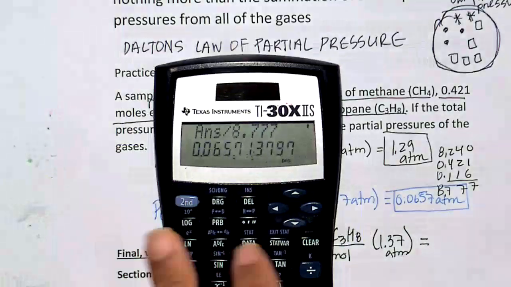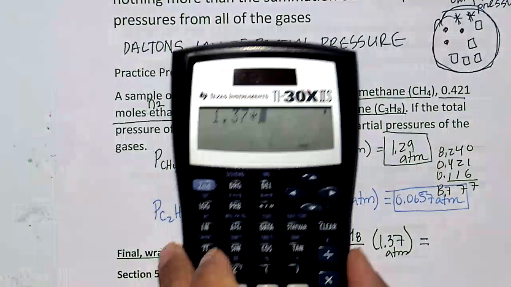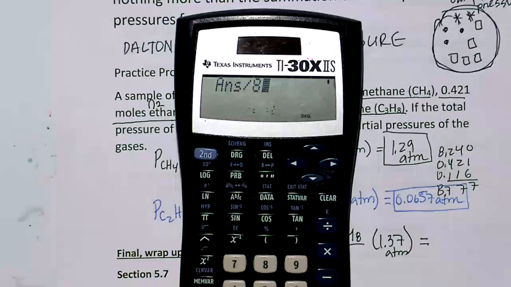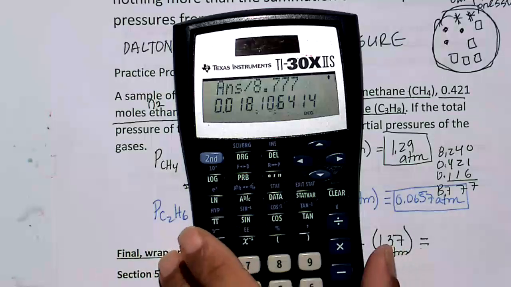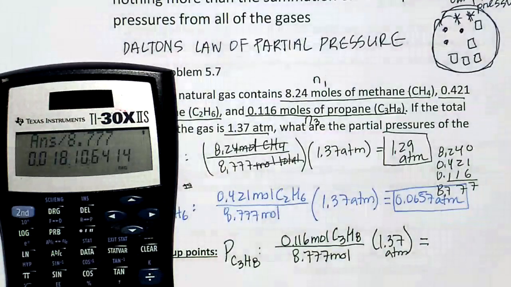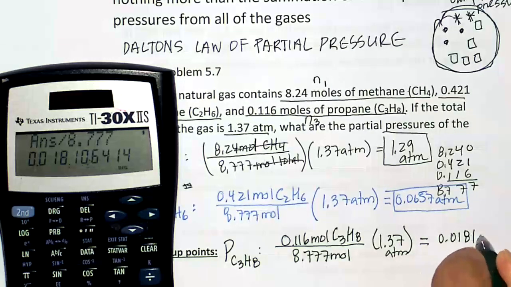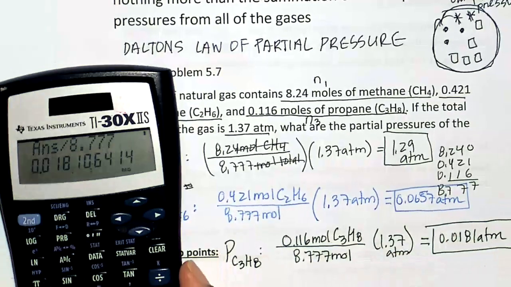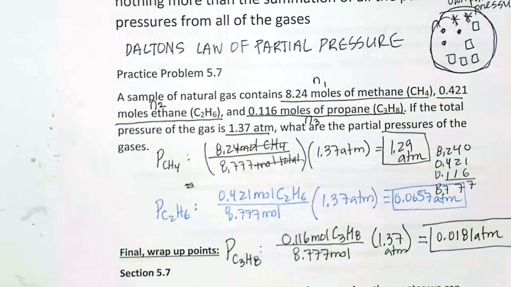Let's do this: 1.37 times 0.116, divided by 8.77. I'm getting 0.0181 atmosphere. And this is the answer.